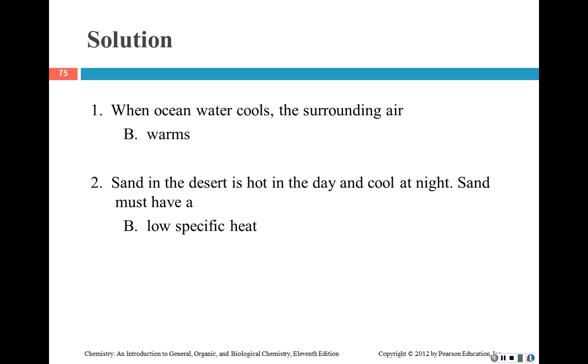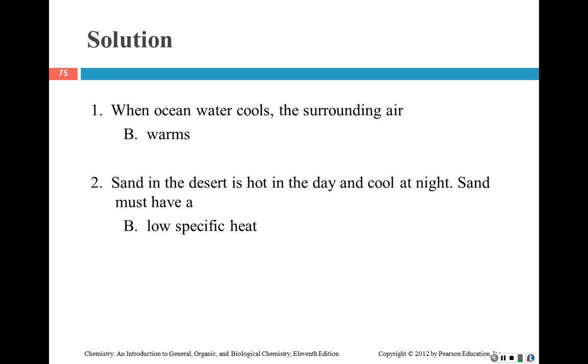When water cools, the surrounding air warms. Remember that when you are moving heat, if you're going to have heat in one place, you've got to be removing heat from something else. So if you're cooling the water in the ocean, the heat is going from the ocean to the air, because the heat has to go somewhere, so you would warm the air.